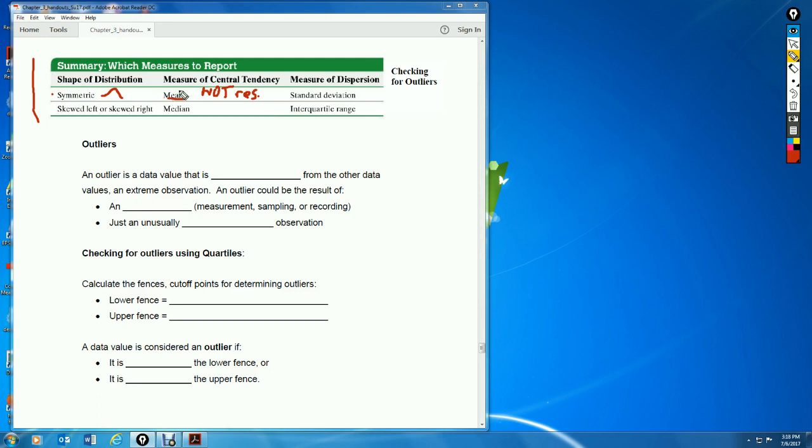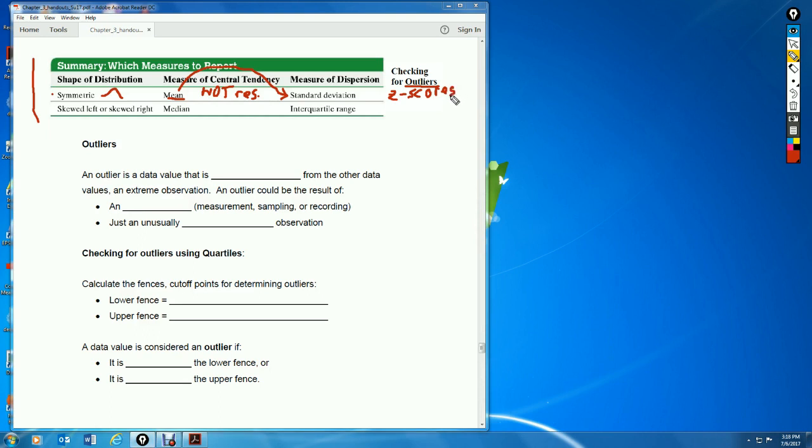If we report the mean as our center, then we would correspondingly report the standard deviation as our measure of dispersion or variation, okay? And if we were going to check for outliers with a symmetric distribution, we would rely on the empirical rule and use z-scores.